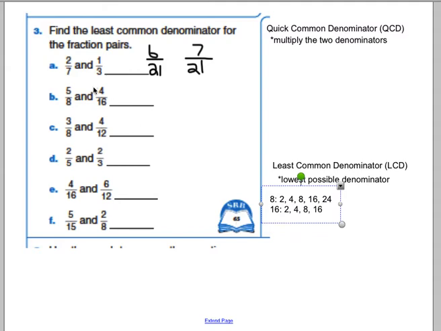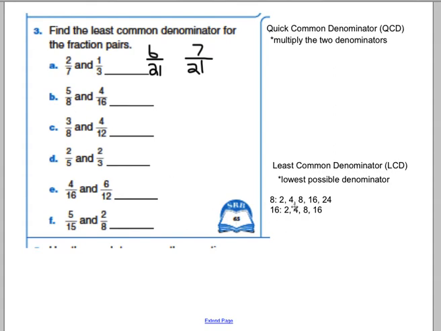If 2 were to work as a common denominator, that would be the least common denominator for sure. Well, in order for 2 to work, I'd have to divide 8 divided by 4 to get 2. If I take my 5 and I divide by 4, it doesn't work out to be a whole number, does it? So 2 is not going to work with this fraction.